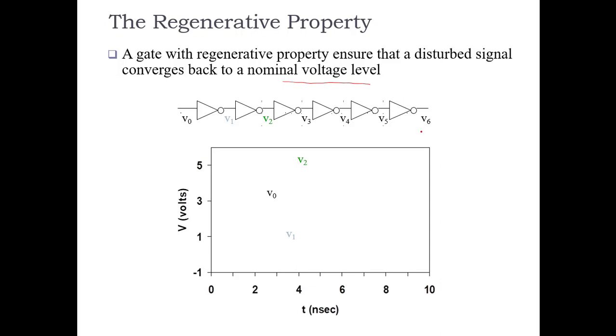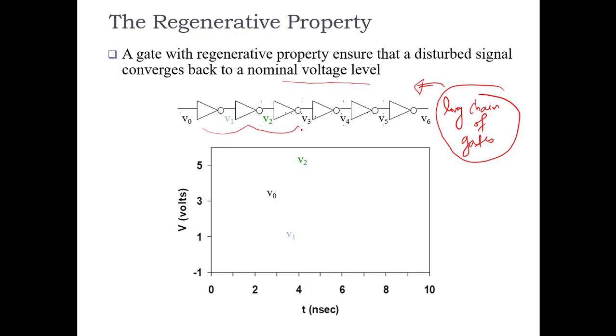What this means is that if you have a long chain of interconnected gates, over time the signal that propagates becomes weaker.